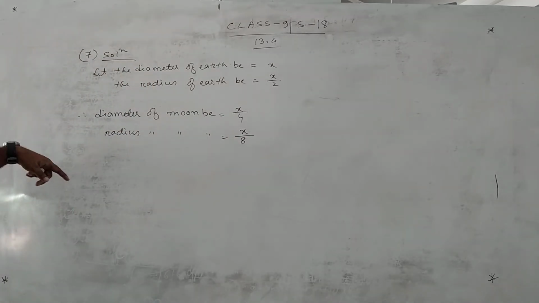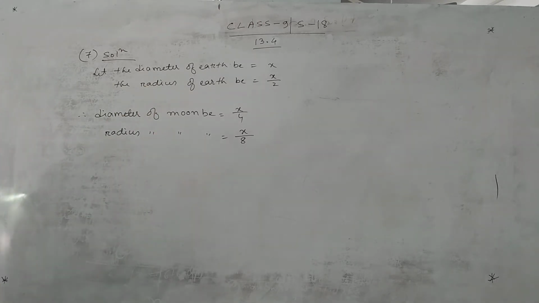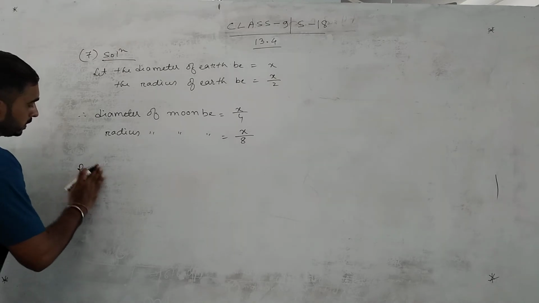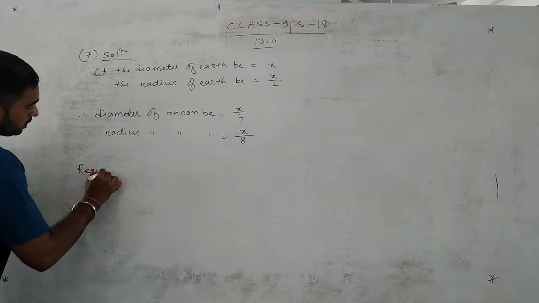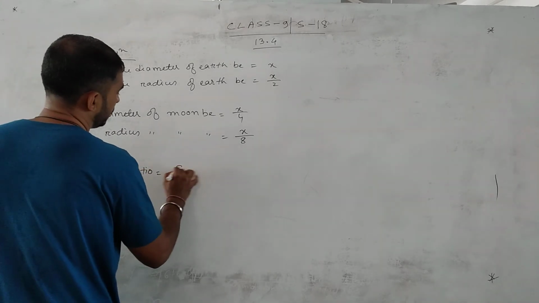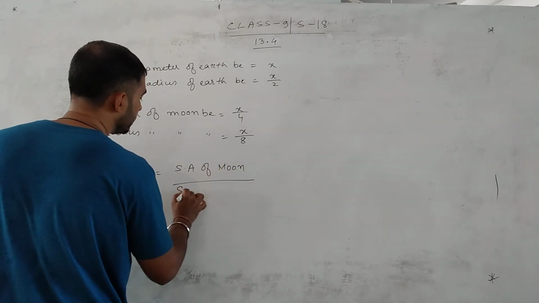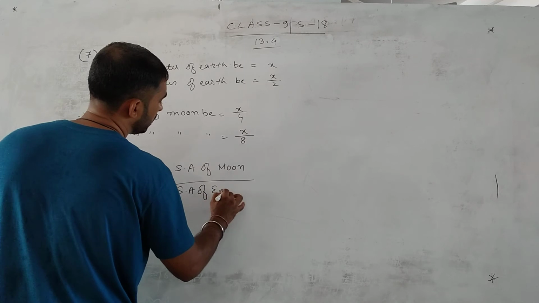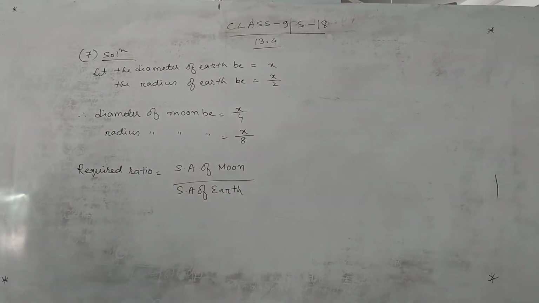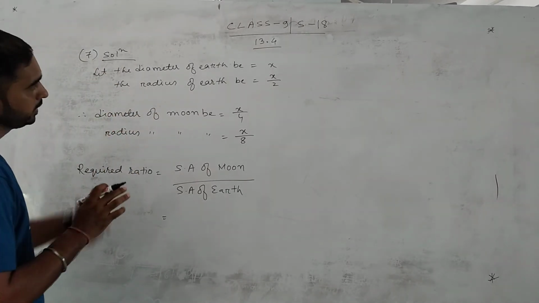After that we have to find the ratio of the surface area of the moon to the surface area of the earth. Therefore the required ratio equals the surface area of the moon by the surface area of the earth.